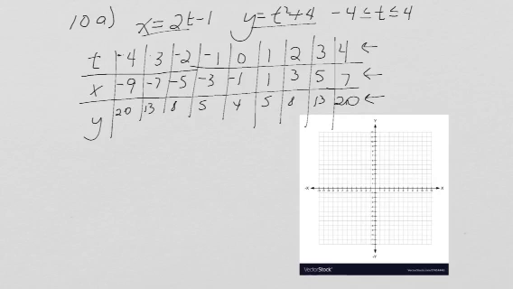This particular grid doesn't go up to 20 on my y's, so I'm going to start here at -7, 13, kind of goes up a little. And -5, 8.